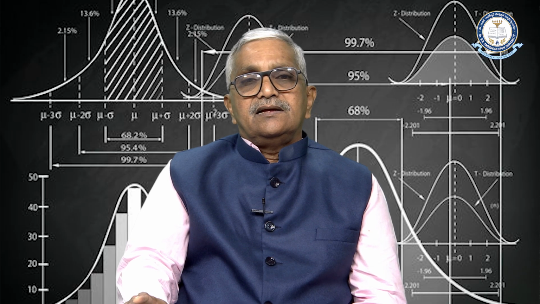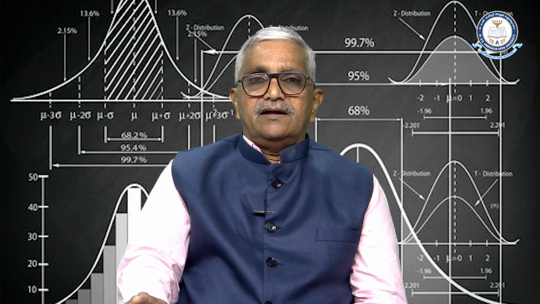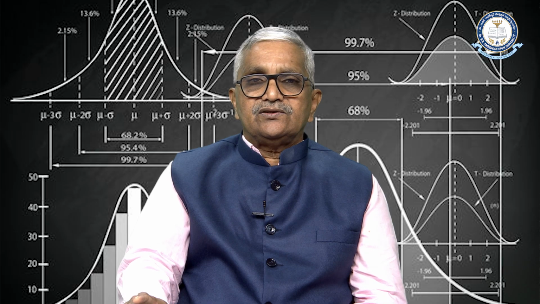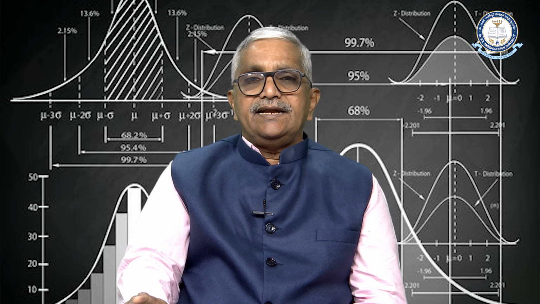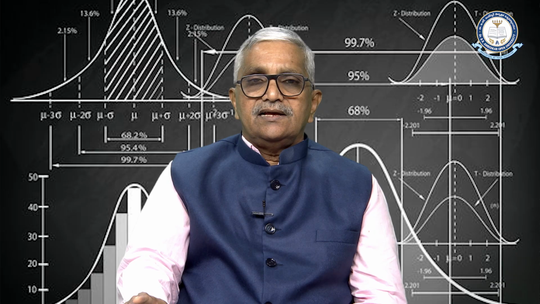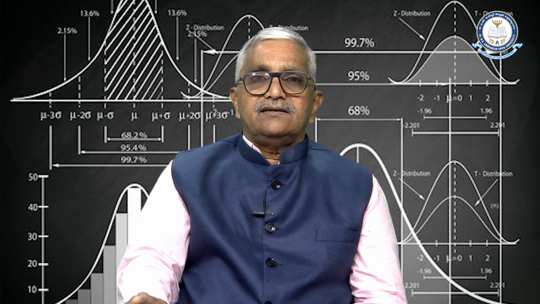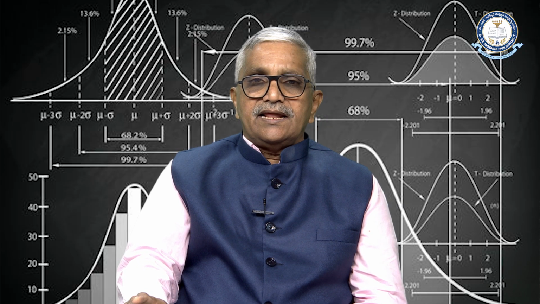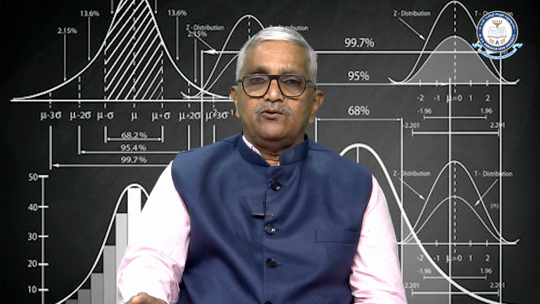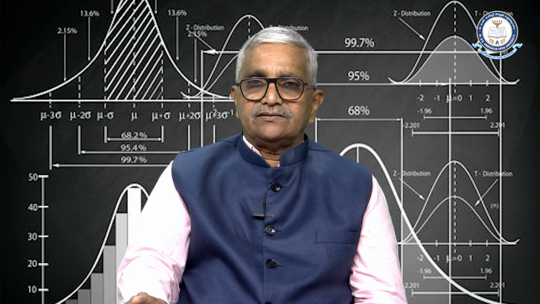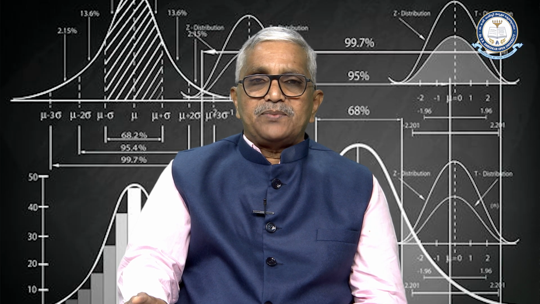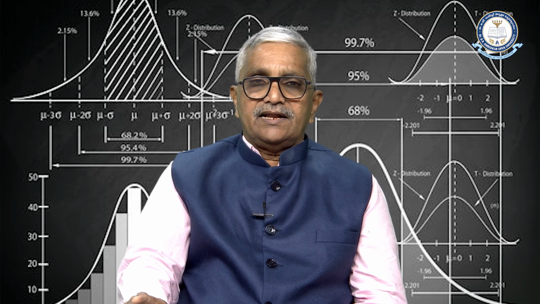The next measure is quartile deviation. Quartile deviation is also known as the semi-interquartile range. The name itself explains how to calculate it. We calculate the interquartile range by subtracting Q1 from Q3 and divide it by 2, and we get the quartile deviation. It is a measure of the spread of the middle 50% of the data set, as in the case of interquartile range.